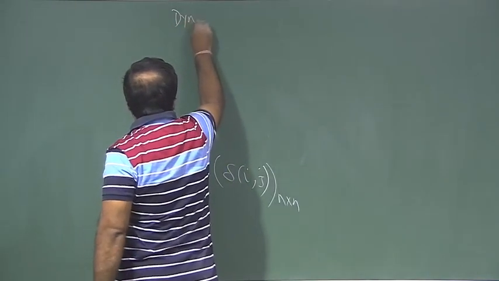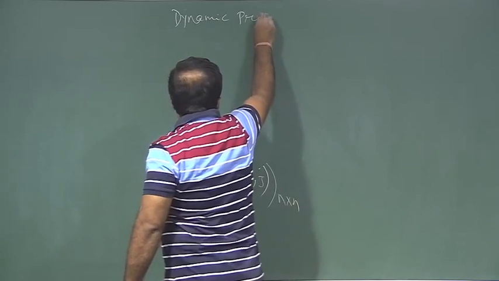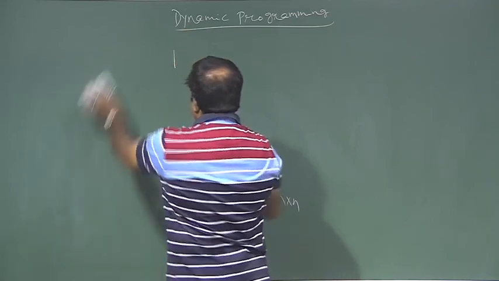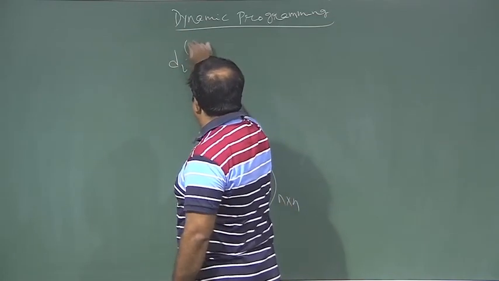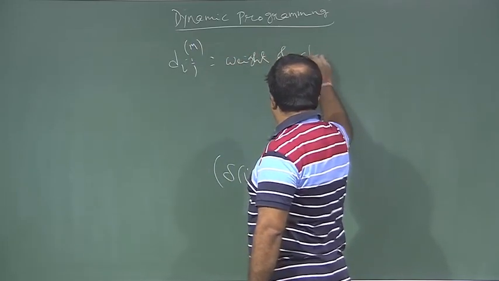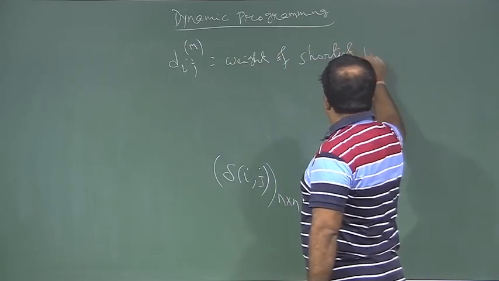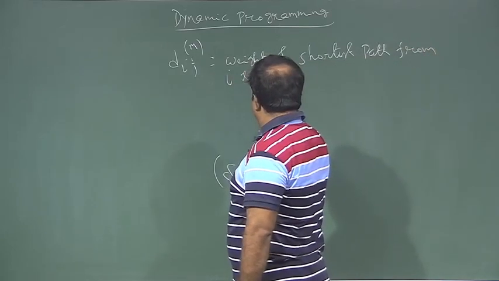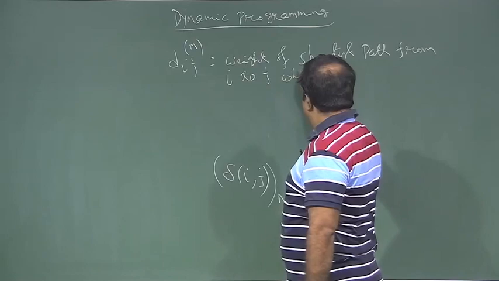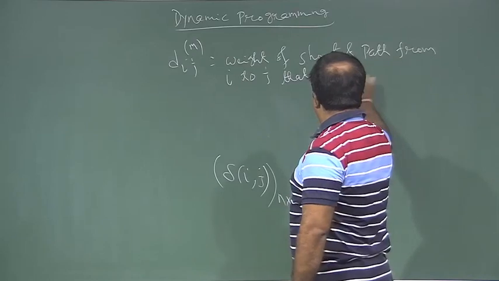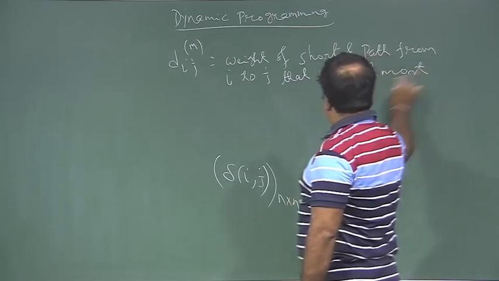So in the last class we defined some Dij. We defined Dij^m. This is basically the weight of the shortest path from i to j which uses at most m edges.